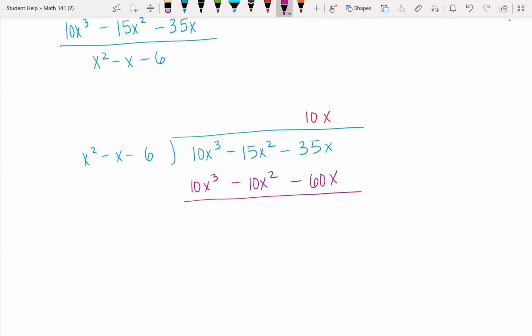And we're going to change the signs of everything, right? Because we're going to be subtracting. And so I've got minus 5x squared and minus 60 minus 35. 25?